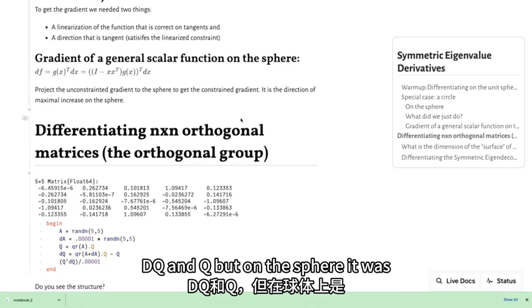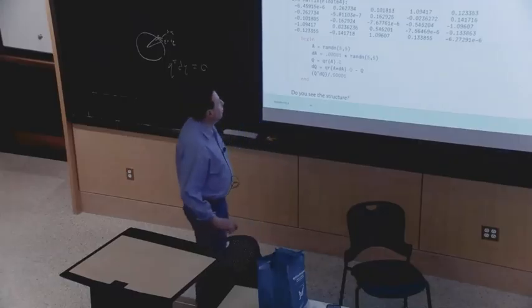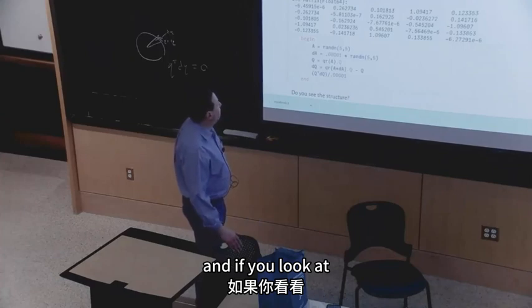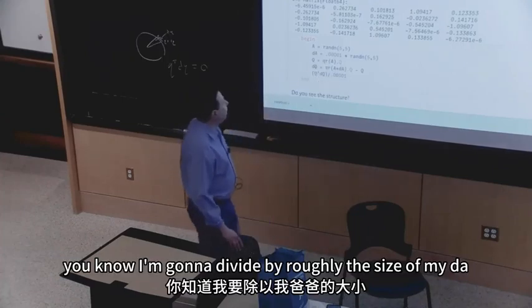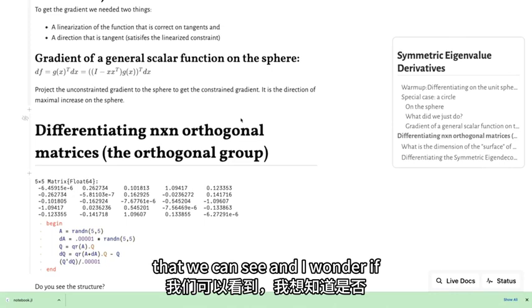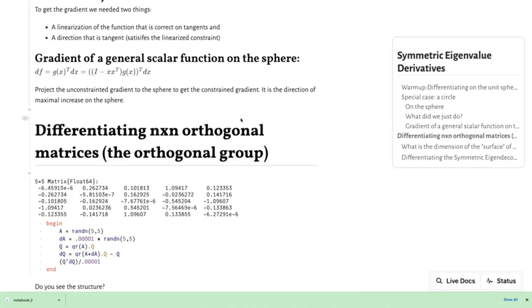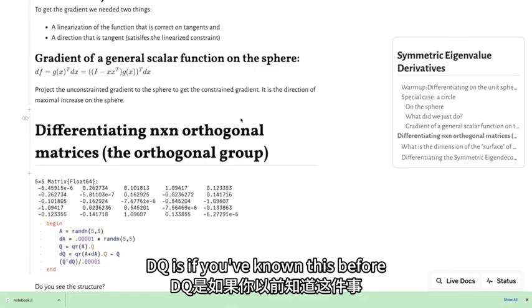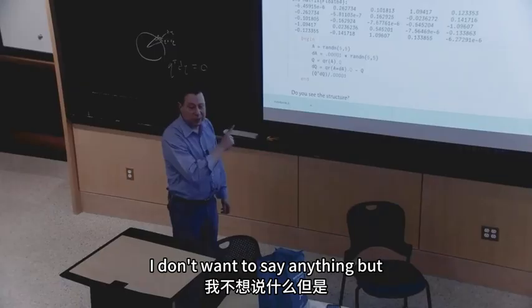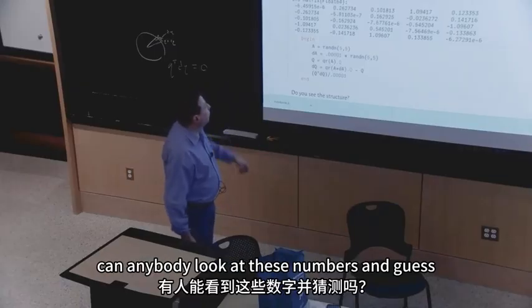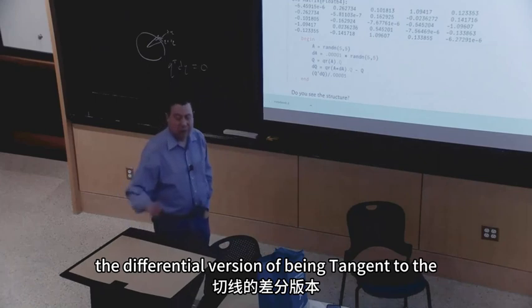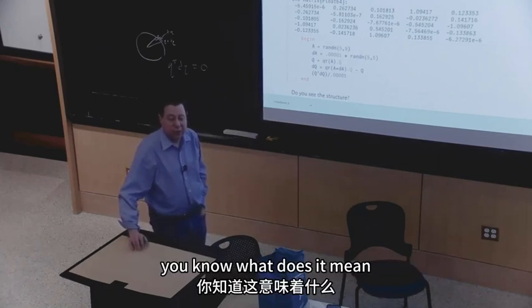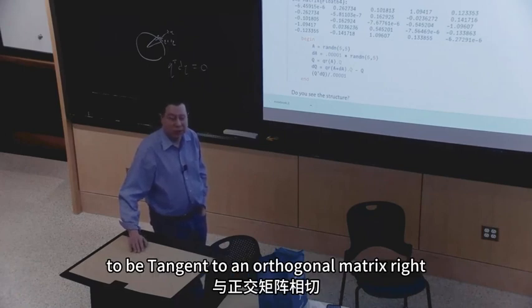On the sphere, it was orthogonality. And if you look at, I'm going to divide by roughly the size of my dA, so that we can see. And I wonder if you don't know what Q transpose dQ is, if you've known this before, I don't want you to say anything, but can anybody look at these numbers and guess what is going to be the differential version of being tangent to the, what does it mean to be tangent to an orthogonal matrix, right?